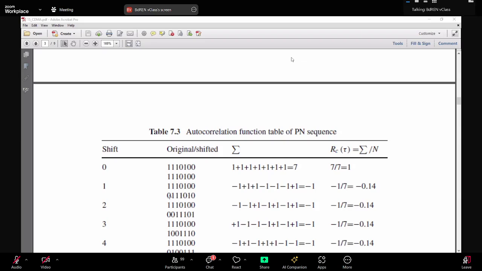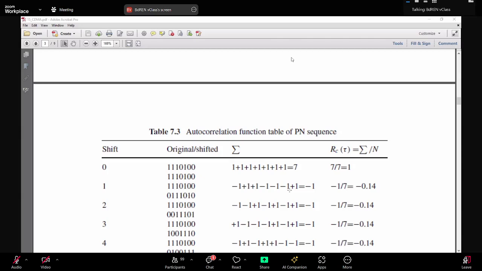Then in the next step, holding the first one fixed, the second is rotated by 1 bit. So then LSB0 comes to MSB, and every bit is shifted rightwards by 1 bit. Then hold it, and do bit by bit correlation. When they're alike, you get 1. When they are not, you get -1.